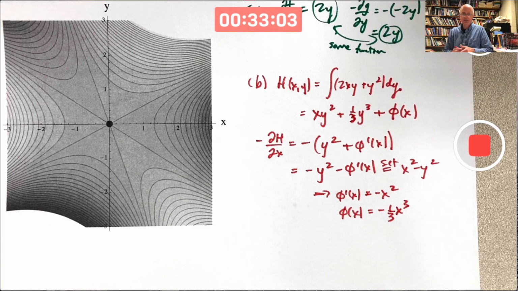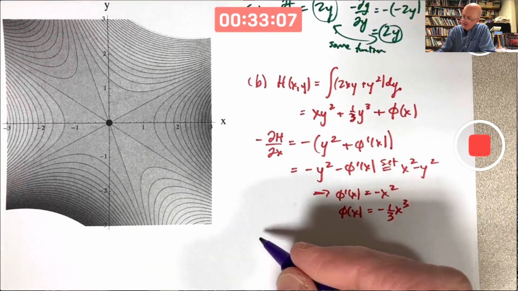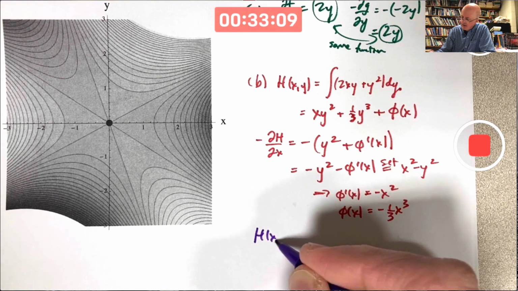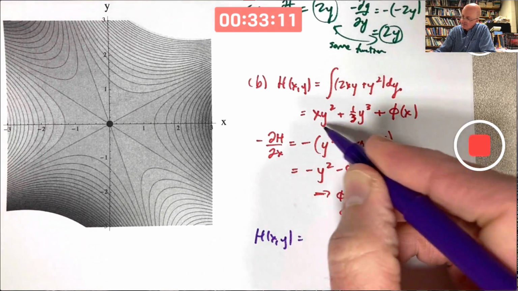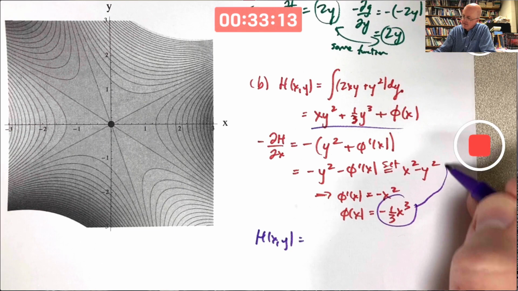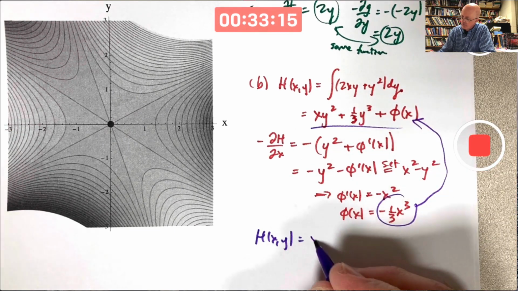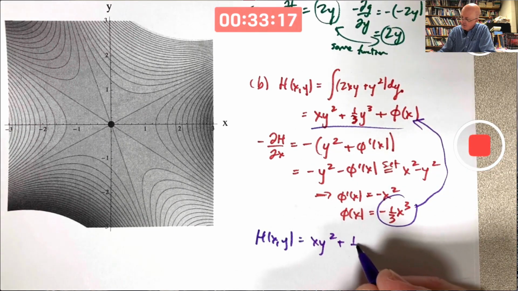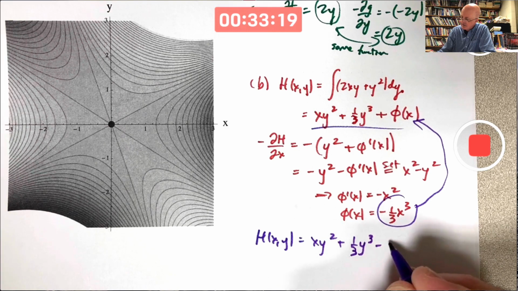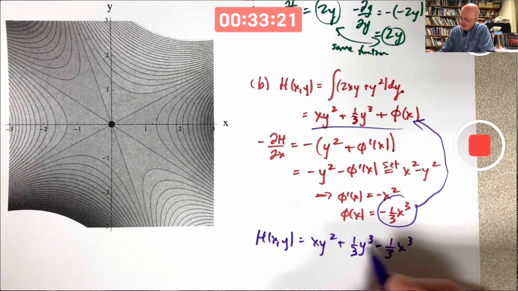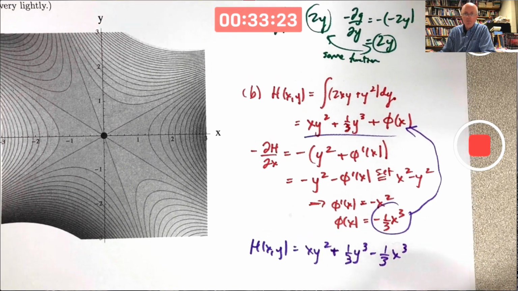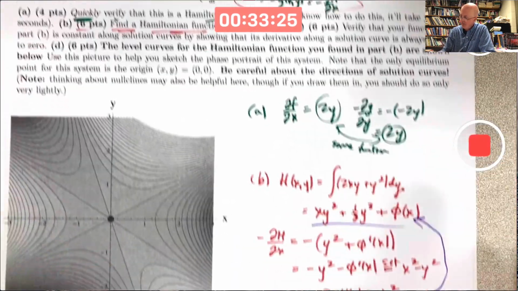So if I've not made a mistake, I'll try to put notes on the video if I did make a mistake. Looks like h of x, y is this expression, and then substitute that in there for the phi of x. So it looks like it's xy squared plus 1/3 y cubed minus 1/3 x cubed. Of course, I can double check it quick, see if it matches up here.